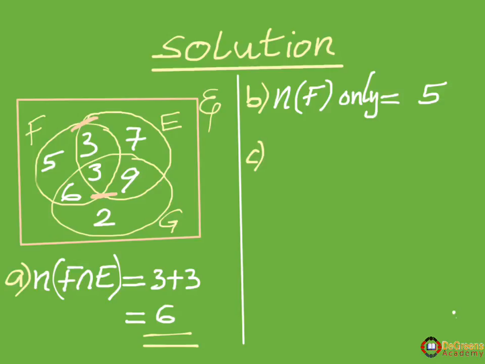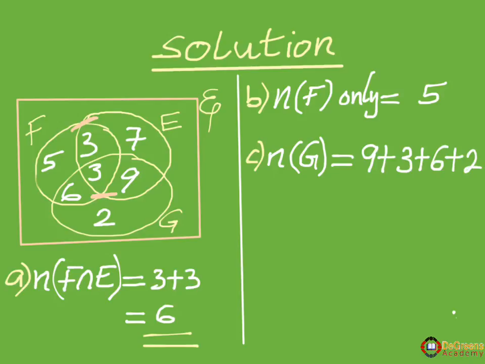Studied German means the sum of all those figures within the circle for G. Therefore, the cardinal number of G will be equal to, we simply add all those figures within the circle for G, which are 9 plus 3 plus 6 plus 2, and that will give us 20. Therefore, 20 students studied German.